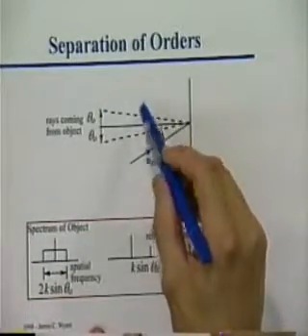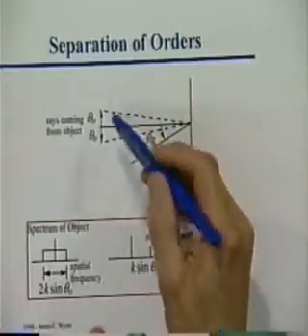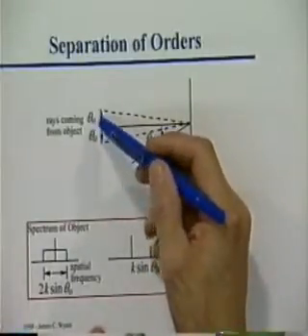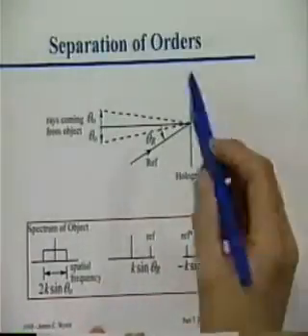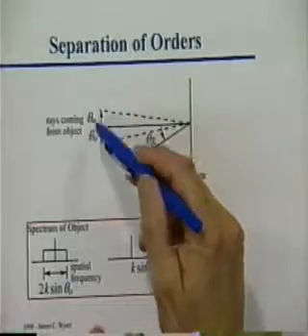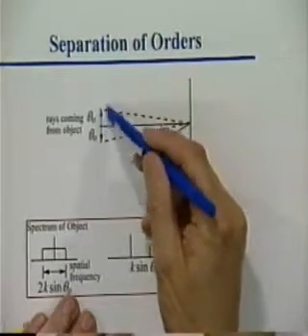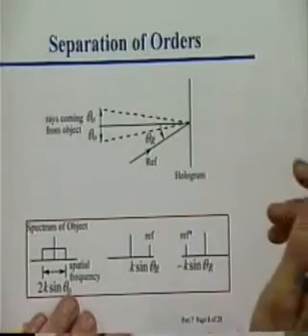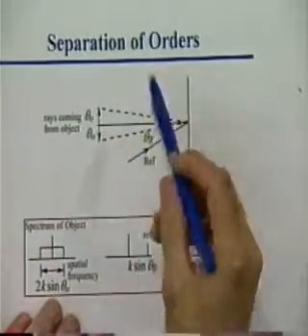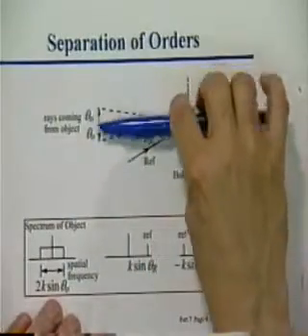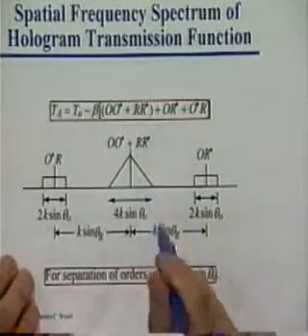And the maximum angle between interfering rays then is 2 theta naught. Okay? And so now we get this interference pattern with the highest spatial frequency coming from this maximum angle between the two beams. And so when we go through the reconstruction process, we're going to be reconstructing these angles, and we're going to have both a plus order and a minus order.